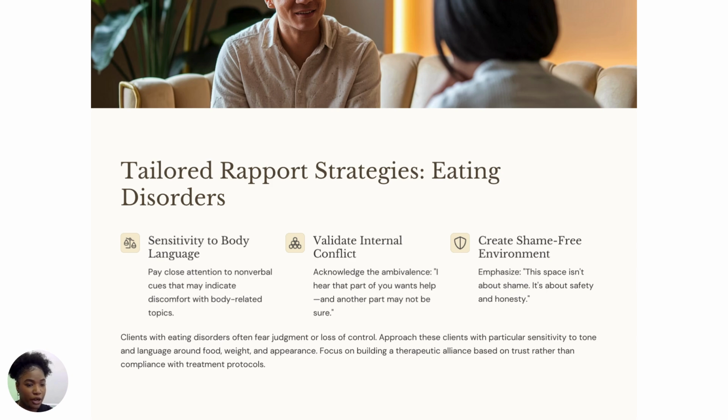Focus on building the therapeutic relationship based on trust rather than compliance with treatment protocols. So pay attention to nonverbal cues that may indicate their discomfort with their body or anything related to topics of food and eating and appearance.